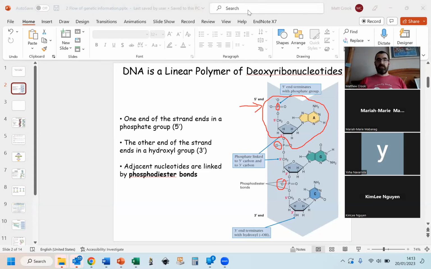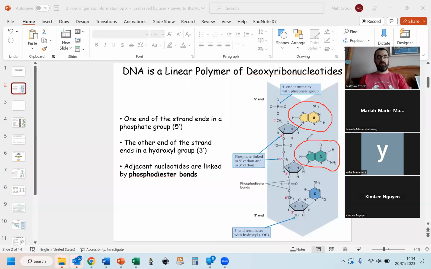So let's get that stuff clear. These nitrogenous bases come in 2 basic forms, right? We have a 2-ring form, those are called purines, and that's adenine and guanine.